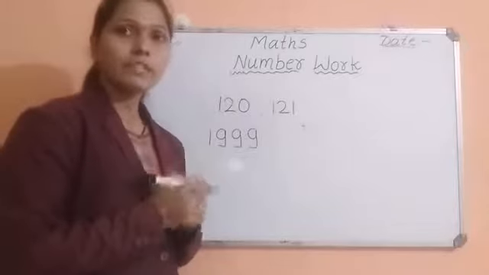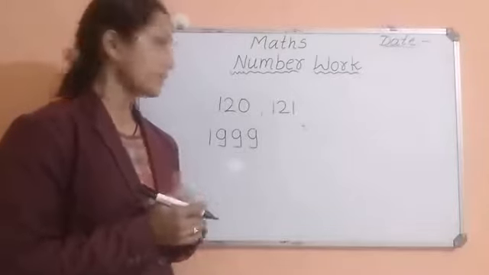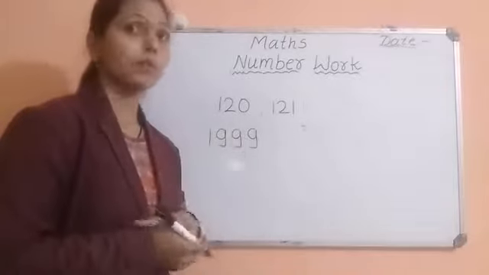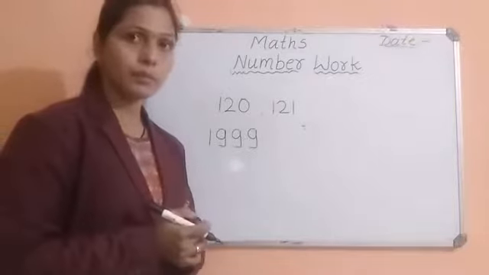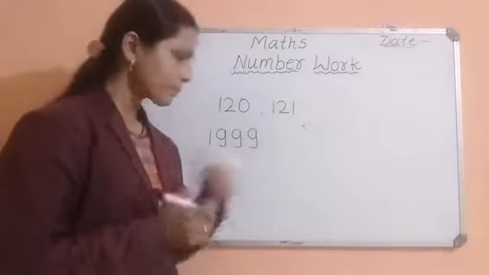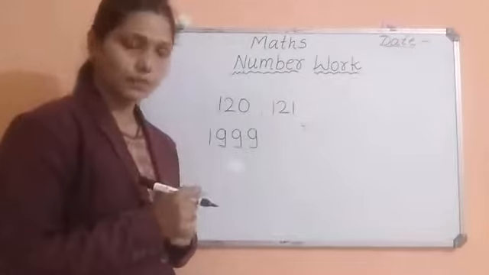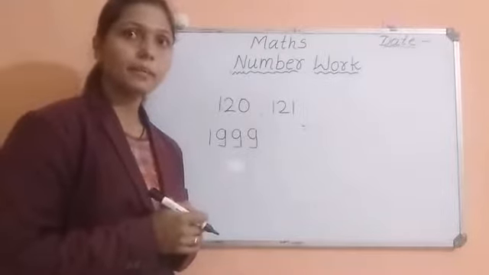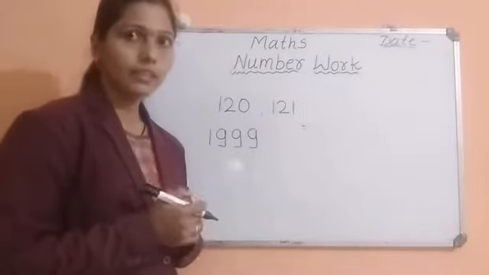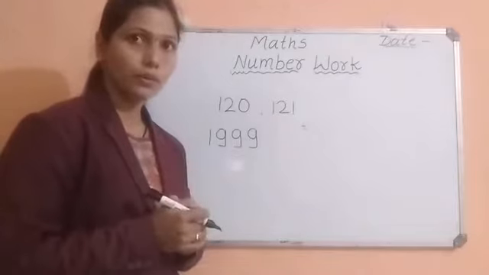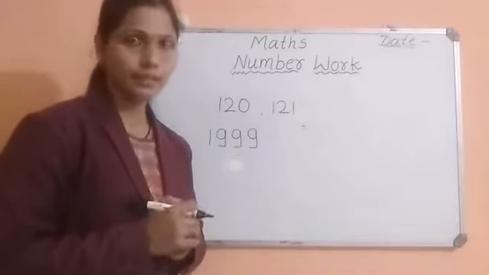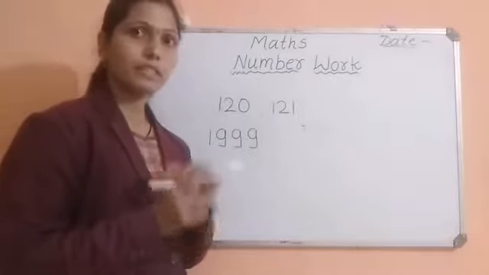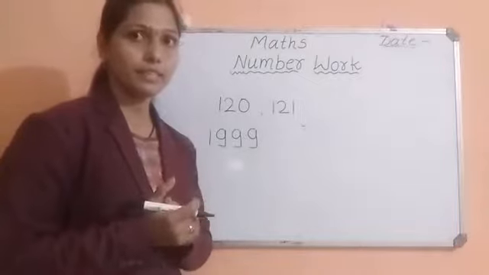Students, remember this: if we have to take out the number just after or the number just before a given number, the number just after any number is greater by 1 and the number just before any number is smaller by 1. Means there is a difference of only one.